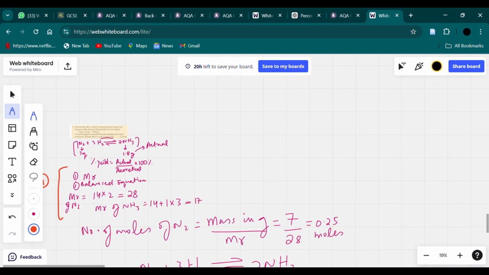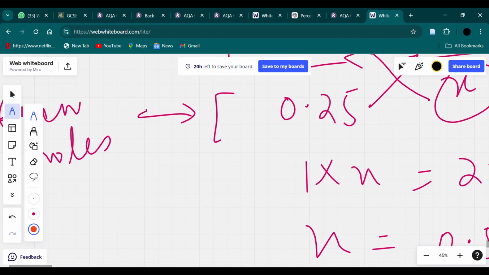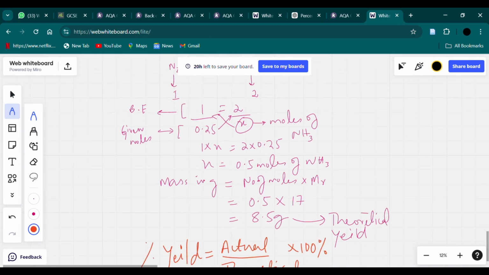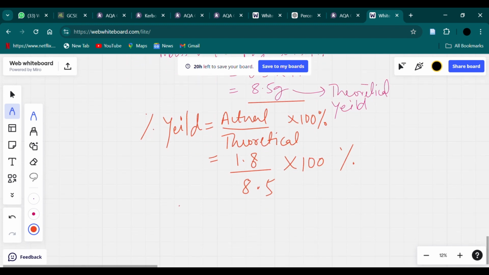It has been given to you in the question, that is 1.8 gram. So you just substitute the values: the actual yield is 1.8, the theoretical yield is 8.5, and then multiply with 100%. You will get the percentage yield as 21.18%.